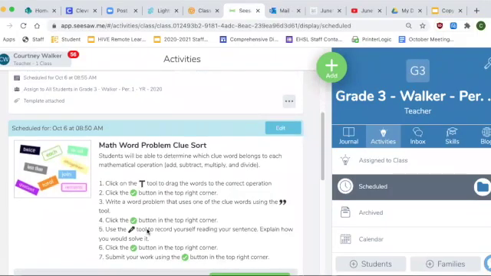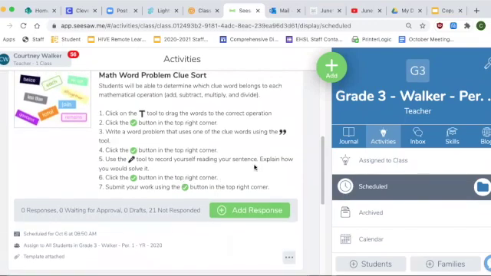Your second one is that math word problem clue sort that I found yesterday for us to have some fun. And the directions say, I'm going to read the directions and show you how to do it. Click on the text tool to drag the words under the correct operation. Operation is a fancy math way of saying addition, subtraction, multiplication, or division. Click the green check button in the top right corner.